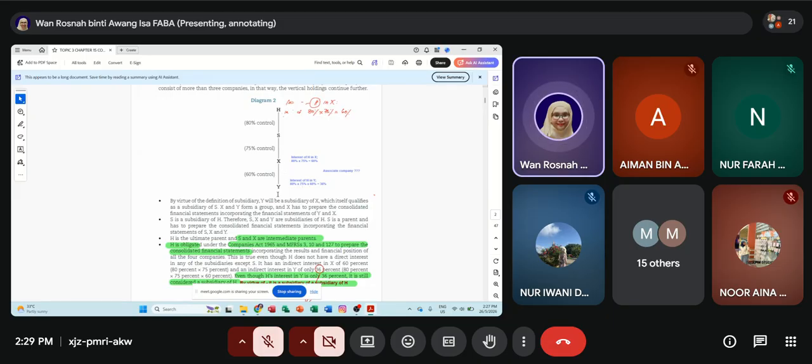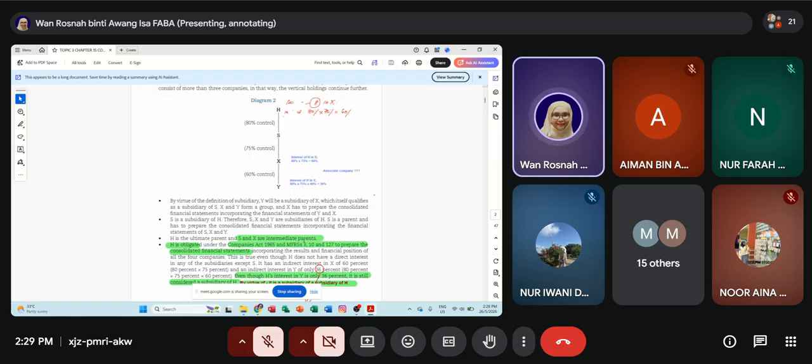But here, the ultimate holding, or ultimate parent, is H. H is considered the ultimate parent, and S and X are considered the intermediate parents. So H, as the ultimate parent, is responsible for preparing a consolidated financial statement.